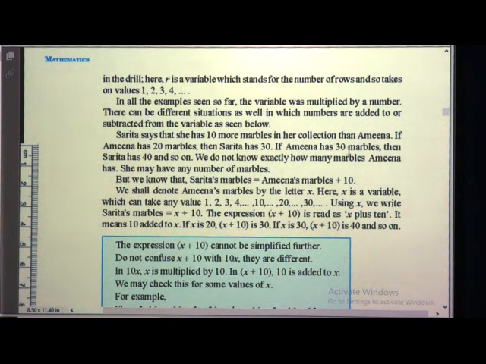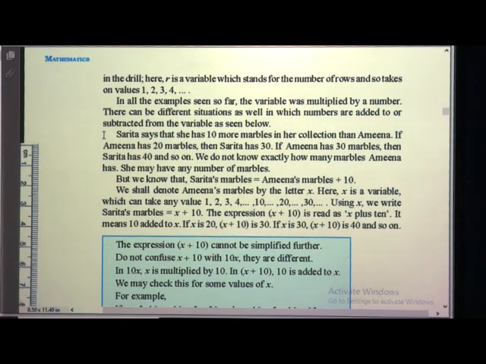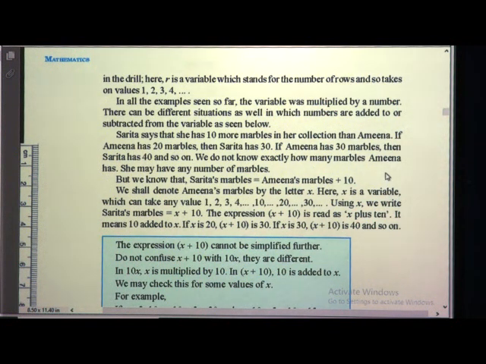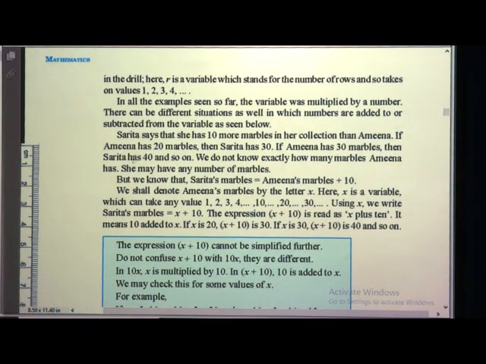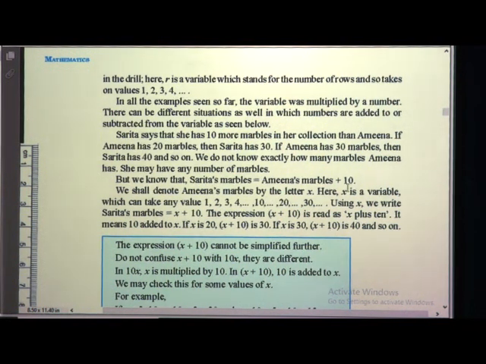If Amina has 30 marbles, then Sarita has 40, meaning 10 more than Amina. We do not know exactly the number of marbles that Amina has, but we know that Sarita's marbles is equal to Amina's plus 10.